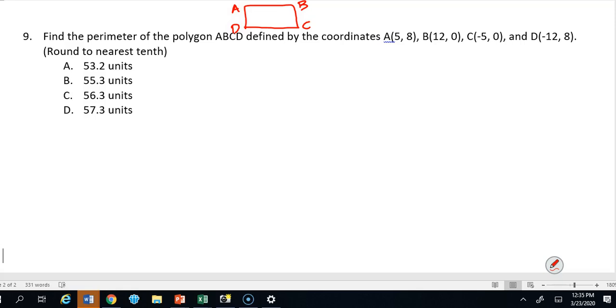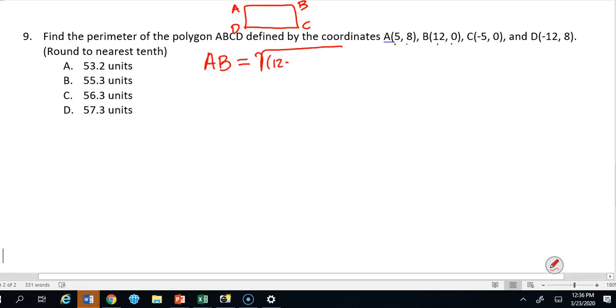So to do this, I'm going to find the length of AB, and to do that, I'm going to look at 12 minus 5 and 0 minus 8. That's my distance formula, right? So I'm going to do 12 minus 5 squared plus 0 minus 8 squared.